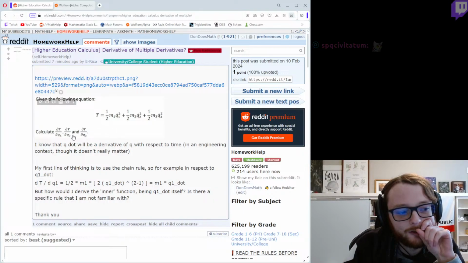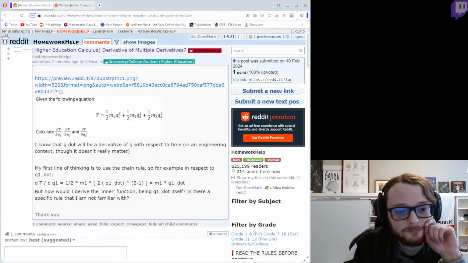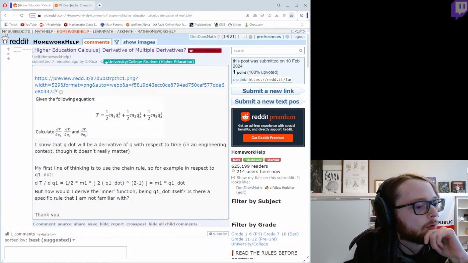So I think we do need chain rule here, I think. Yeah, what's up, Bookbinder? Is Q only a function of time, I guess? What would happen if Q is multivariable?